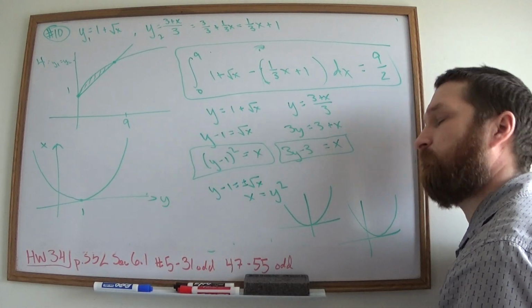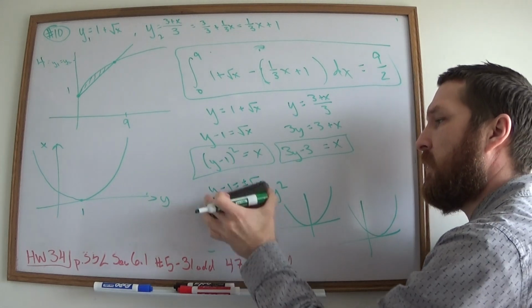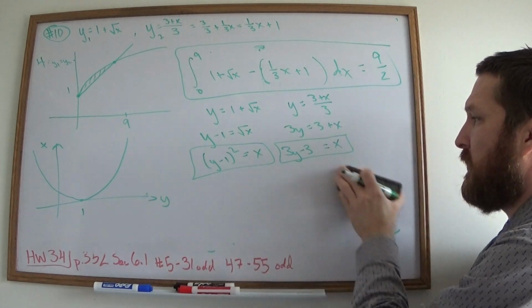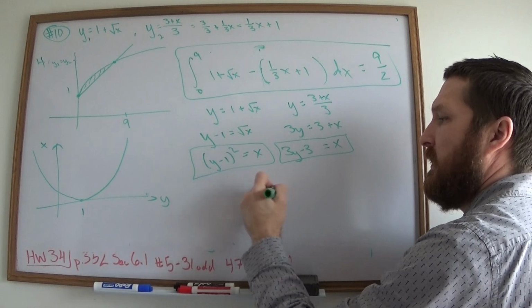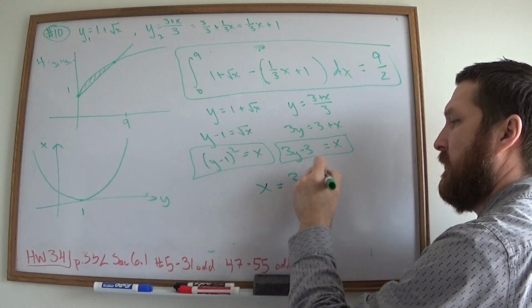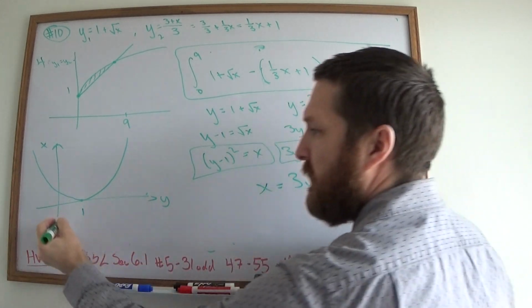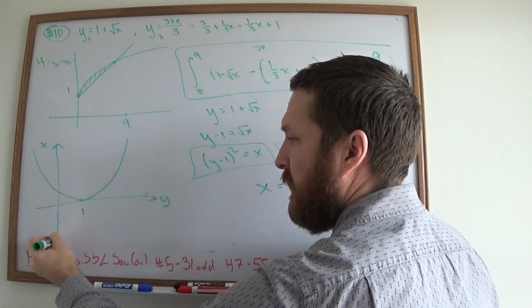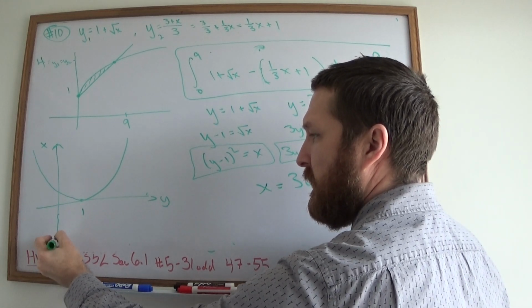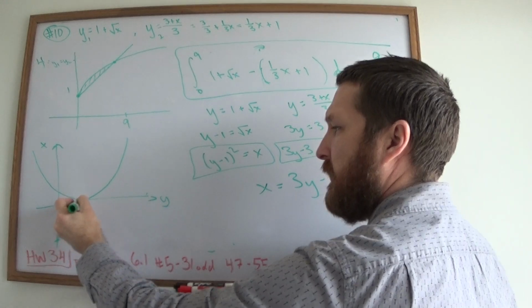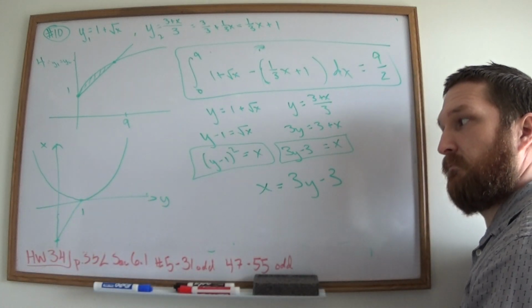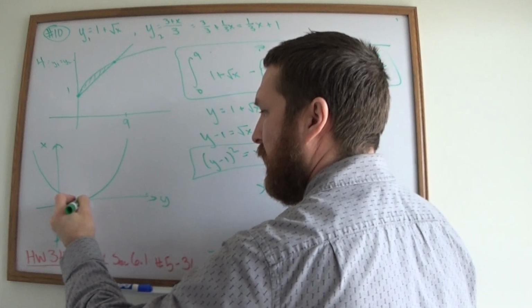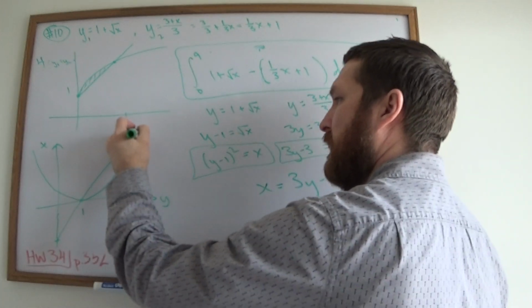Okay, so that's that guy. The other one is just a line. So he goes down to minus 3, and he has a slope of 3, and he goes through there.